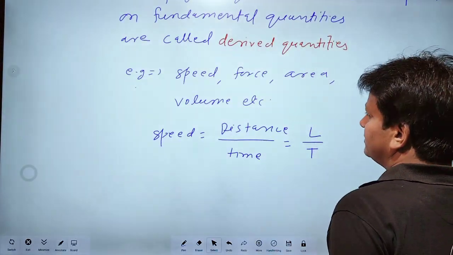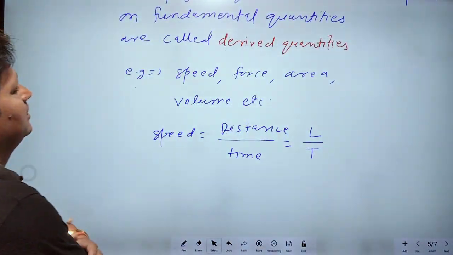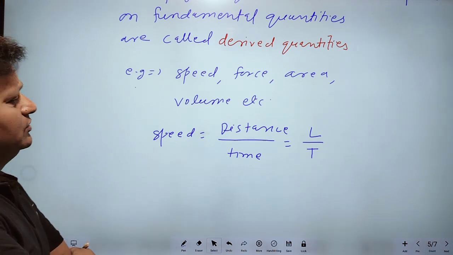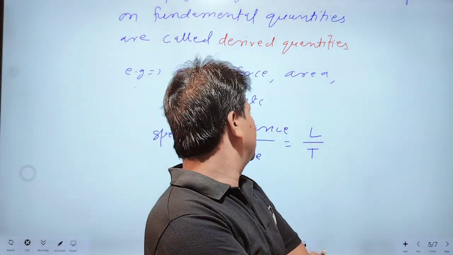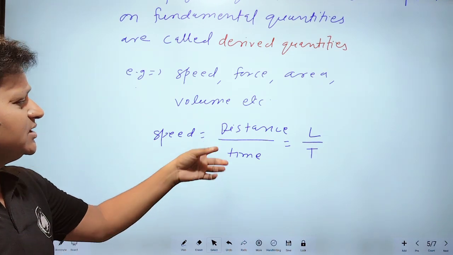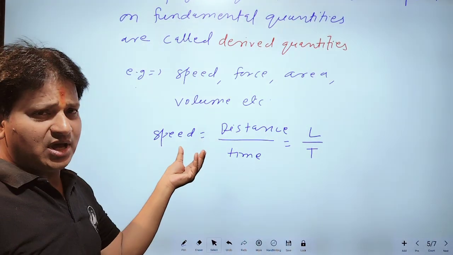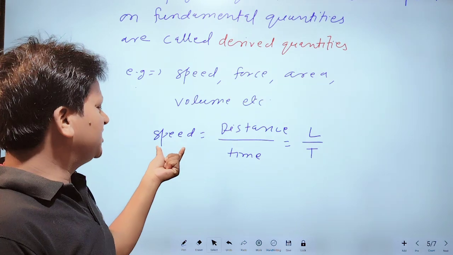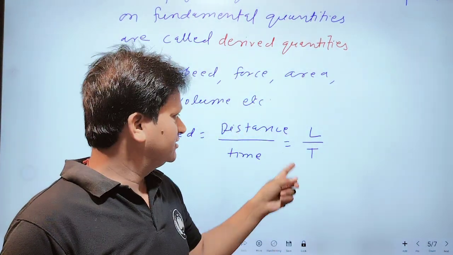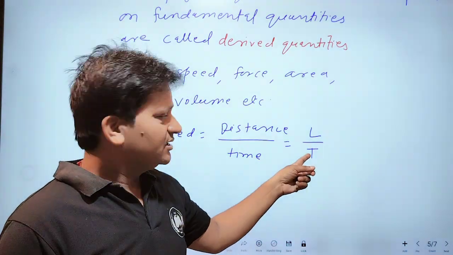How can derived quantities depend on fundamental quantities? Suppose speed is equal to distance by time. This is the formula. Distance means length, time means t.